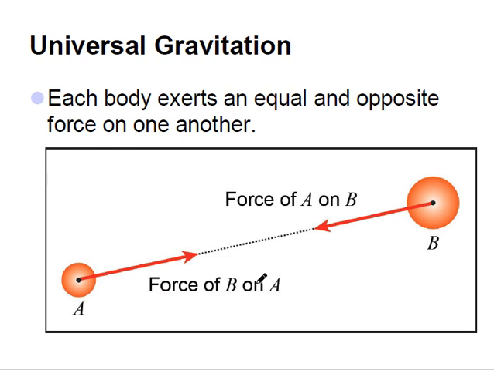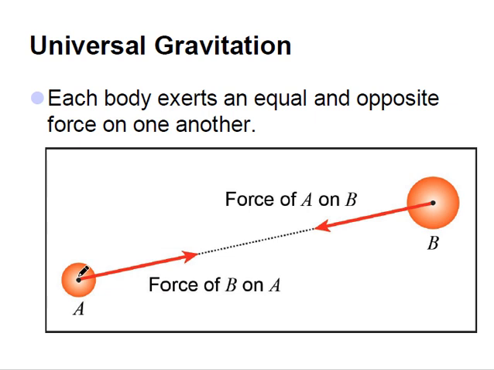The force exerted by A on B is equal in magnitude but opposite in direction to the force exerted by B on A. So now you have two bodies.